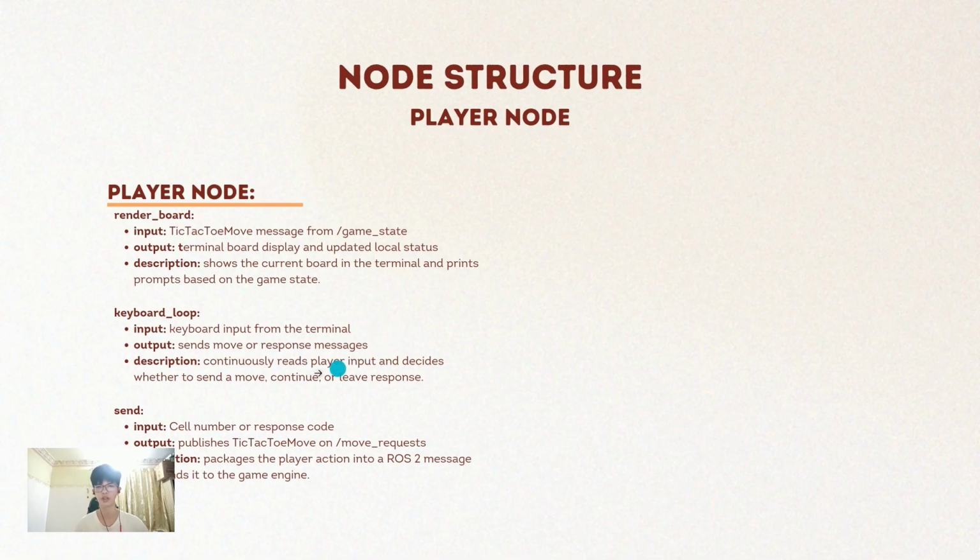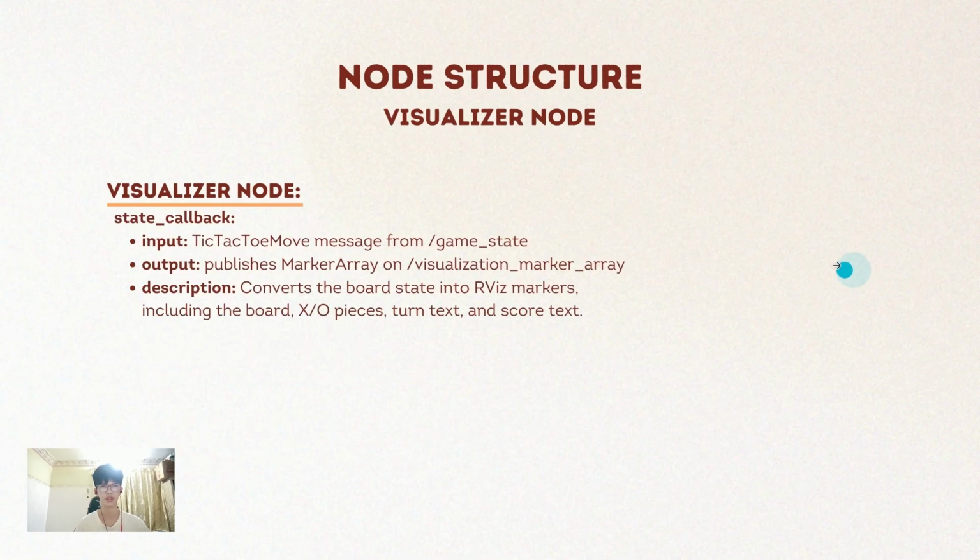And then the send function takes the send number from the keyboard loop, or the response code from the keyboard loop, and publishes it onto the move request. This sends the player action as a ROS2 message to other nodes like the game engine.